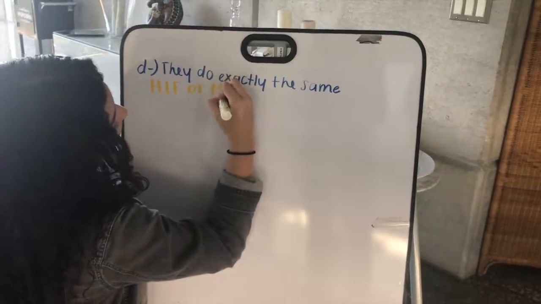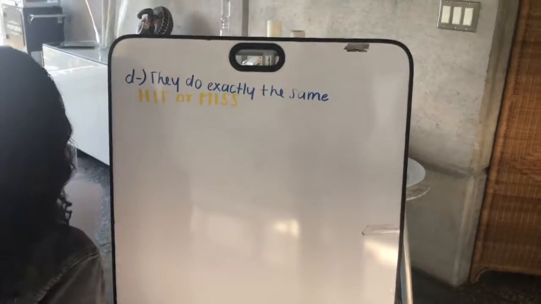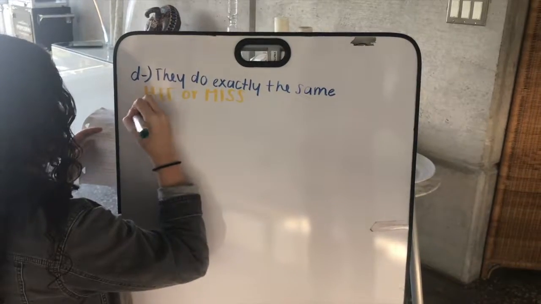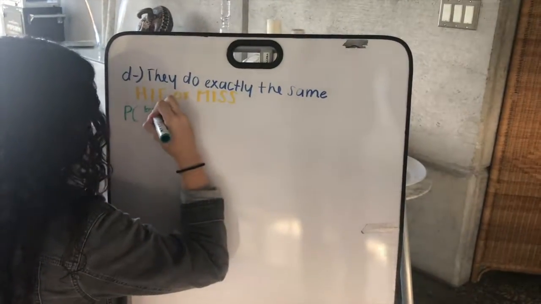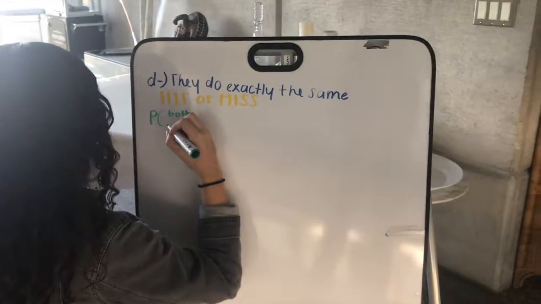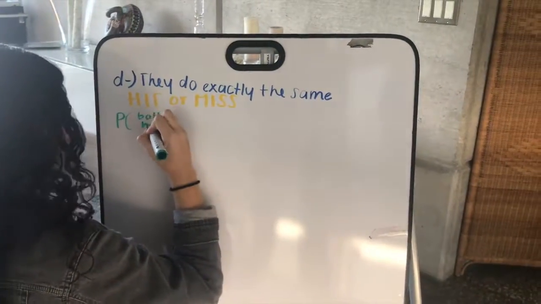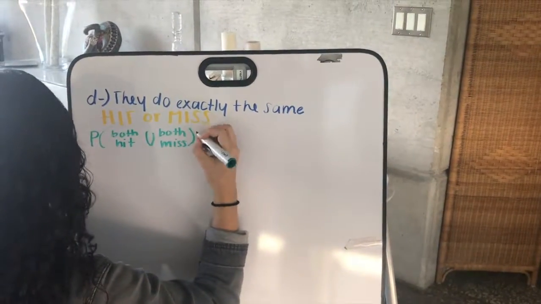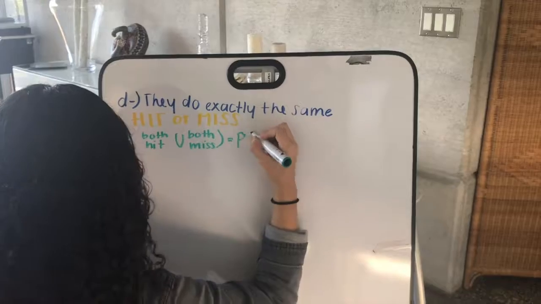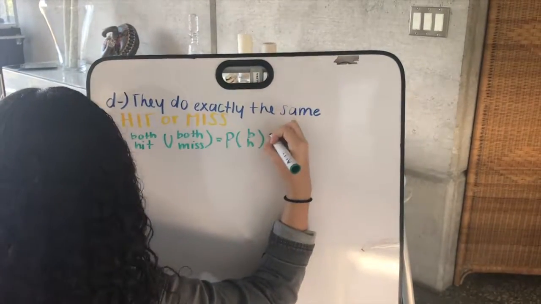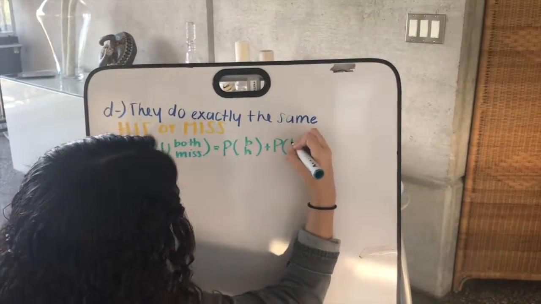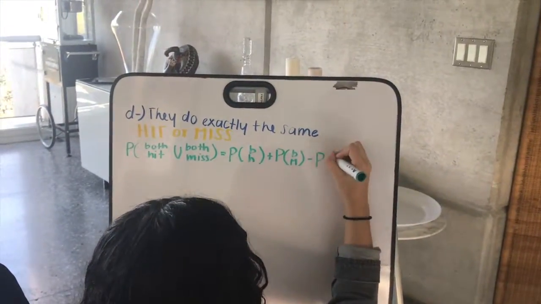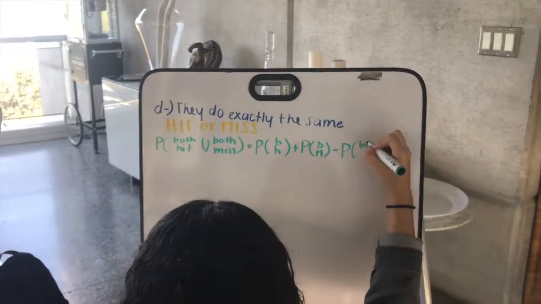Letter D: they both hit or they both miss. For this problem, we are going to use the addition law, because this problem is mutually exclusive since they cannot hit and miss at the same time. So what we're going to do is the probability of both hitting or the probability of both missing. Remember that or means union, and union means sum up. So we are going to do the probability of both hitting plus the probability of both missing minus the probability of both hitting and both missing.